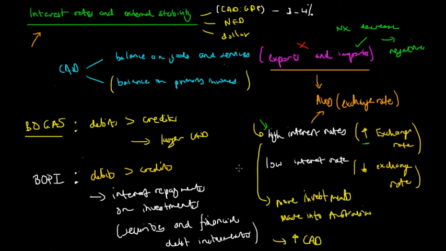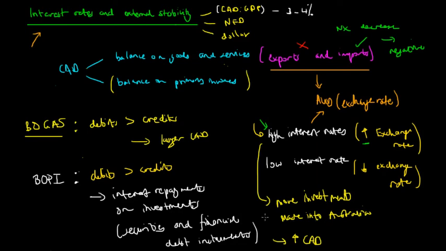However, lower interest rates would mean that our Australian exchange rate would depreciate. When it depreciates, it makes our investments less attractive to overseas investors, because of that low interest rate, because of the closing interest rate differential.